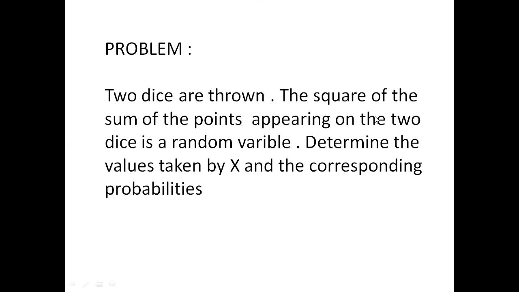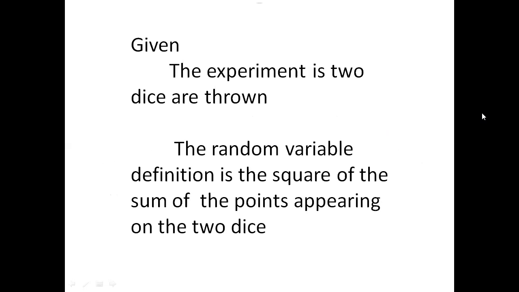So the random variable definition is: the square of the sum of the points appearing on the two dice is a random variable. Given, what are the statements in the problem? The first statement is the experiment. What is the experiment?